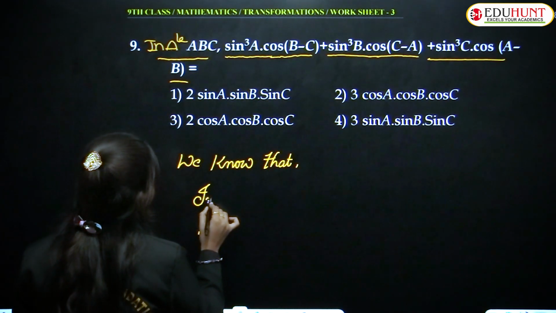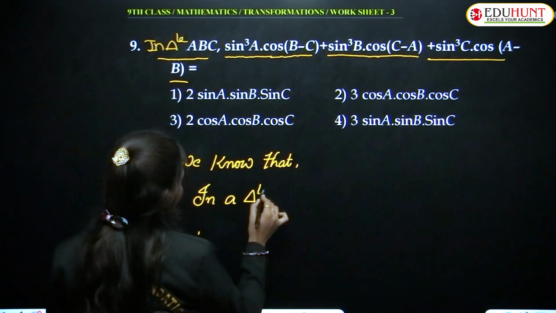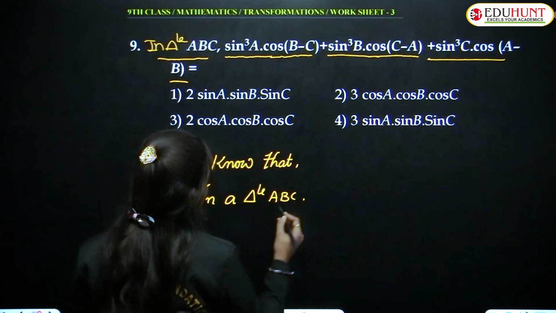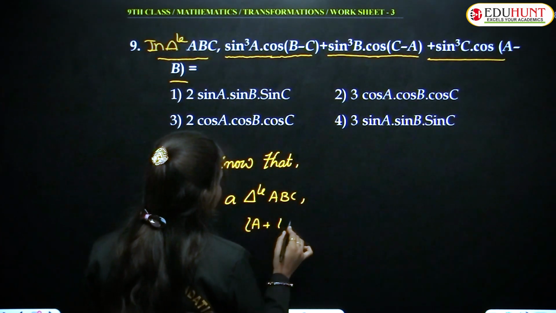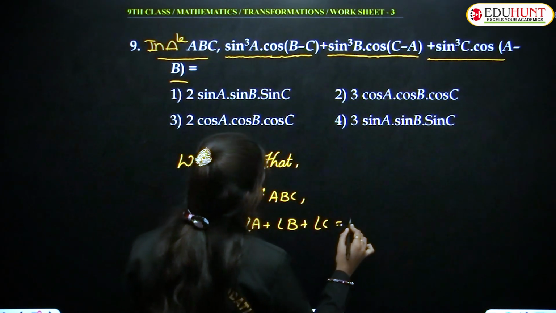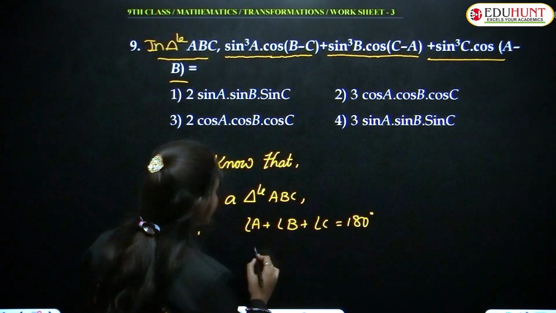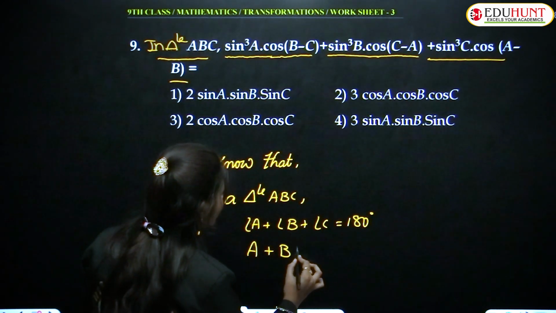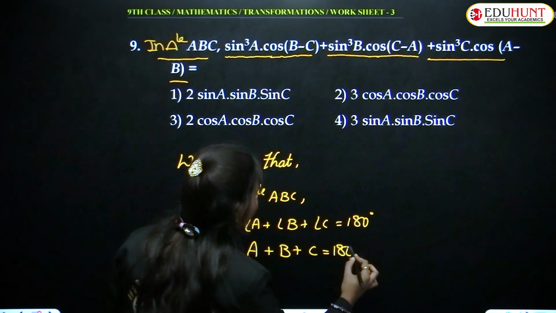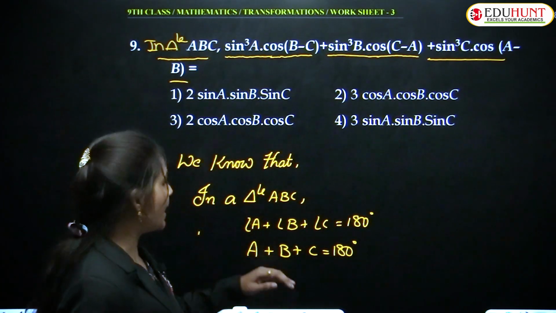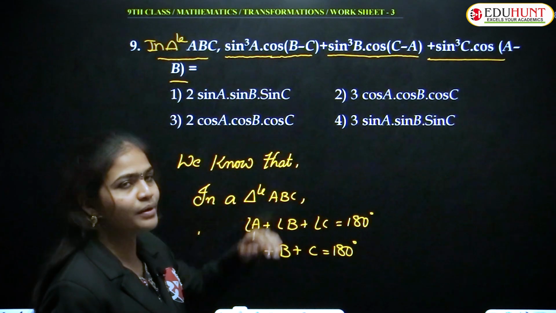In a triangle ABC, angle A plus angle B plus angle C is equal to 180 degrees only, no? So we can write this as A plus B plus C is equal to 180 degrees. By using this condition, we need to simplify that.